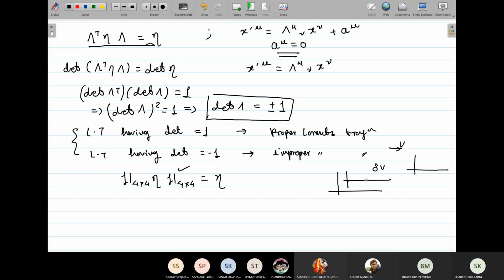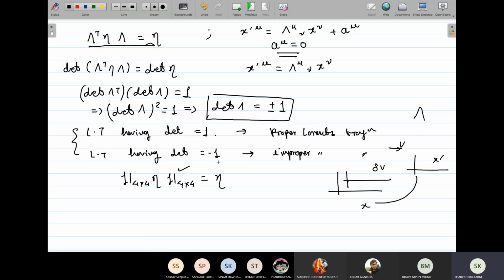There must be some relation between the coordinates x and x prime, and that relation is given by this lambda. What kind of lambda will we get? This one or this one? What do you think? Or both? You understand the question?